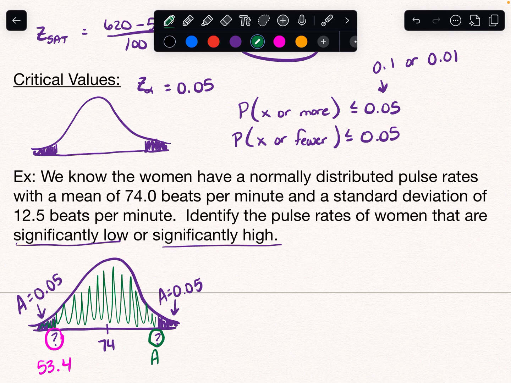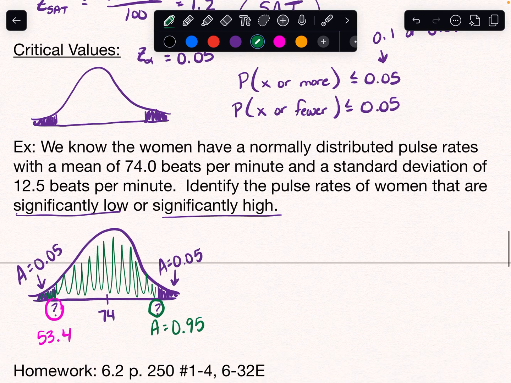So this area that I'm using in my calculator is 0.95. So then I want to figure out the data value with 0.95 instead of 0.05. And I got 94.6. So if you had a pulse rate lower than 53.4 or higher than 94.6, then you have a significantly low or a significantly high pulse rate for women.